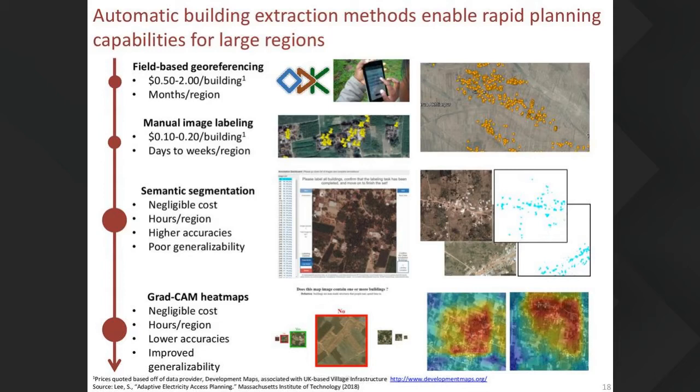And these computer models can do thousands of images in a couple of minutes. So they're very fast with modern computing technologies. And there are various different flavors of models that do this task with different levels of training data input. And as far as we're concerned, this is a solved problem for planning, at least at some level of approximation. So we're able to find households in satellite imagery.